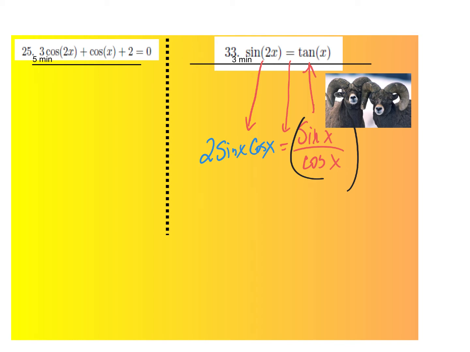And the problem, okay, I now see why this is going to be a bad thing. Your sines are going to cancel, which seems like a really good thing. The problem is, you've just lost a solution. Sine x could have made this zero, the number you'd stick in for sine could have solved it.